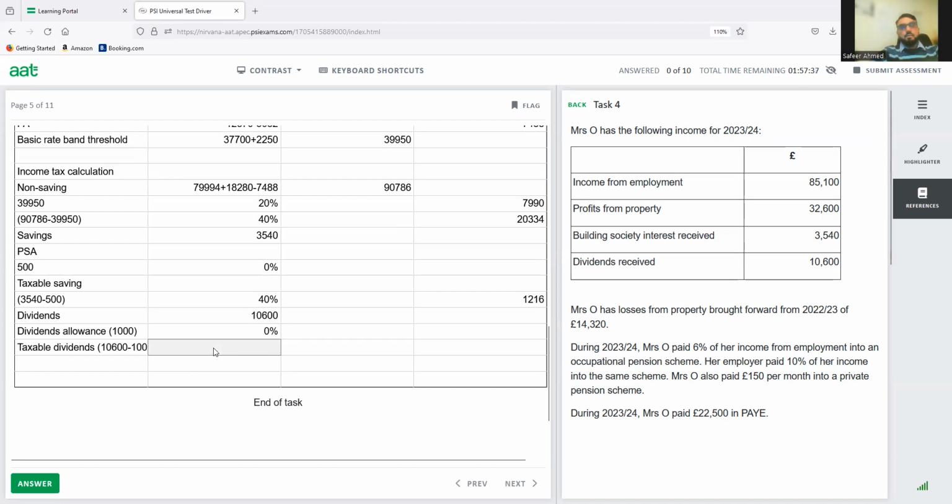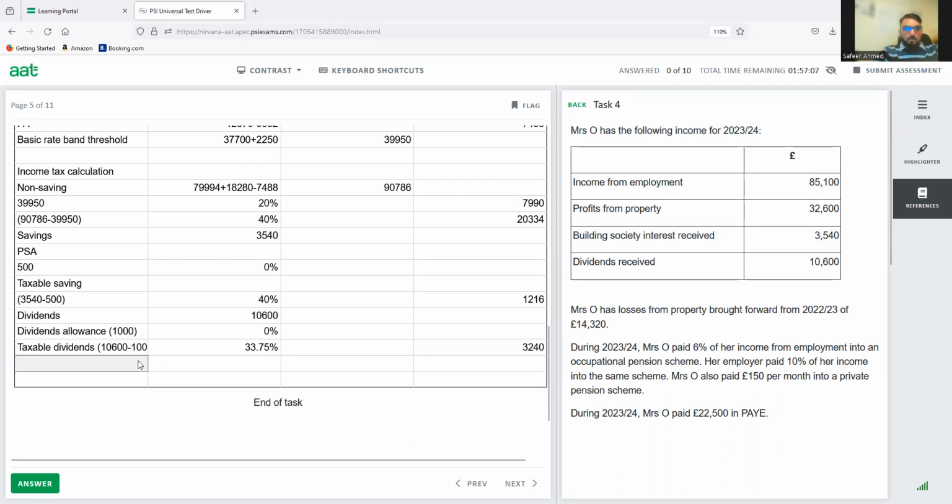And we will calculate this at a higher rate of dividend tax, which is, remember, 33.75% in accordance with the Finance Act 23-24. So 9,600 times 33.75% gives you 3,240.